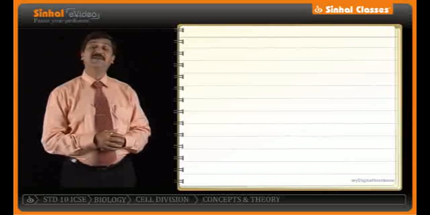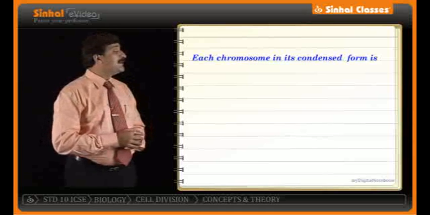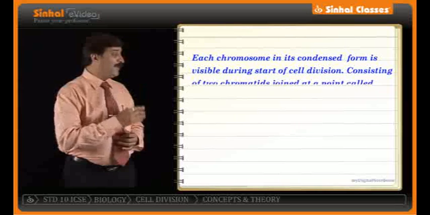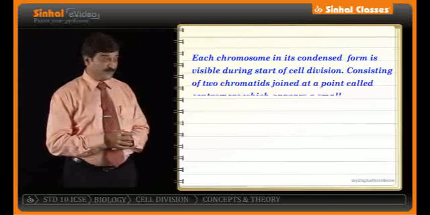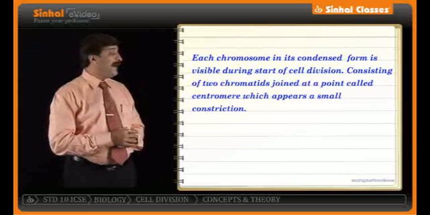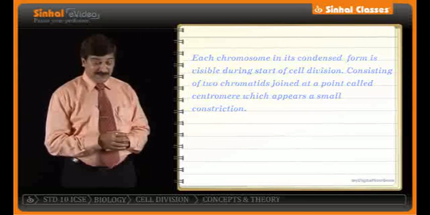On the monitor, here is a diagram of a chromosome for you. A chromosome is condensed and is visible only during the process of cell division. It consists of two chromatids which are joined at a point called the centromere.